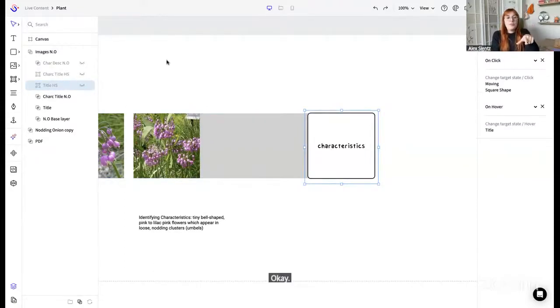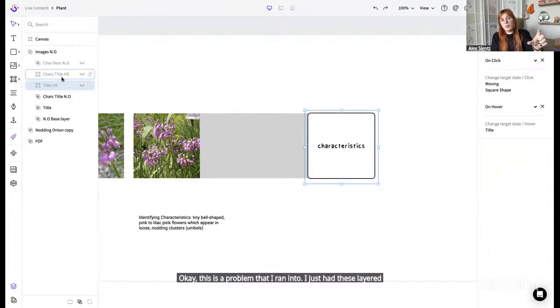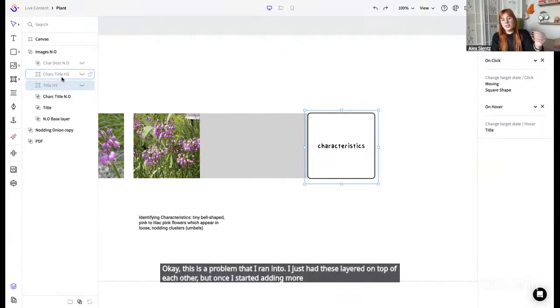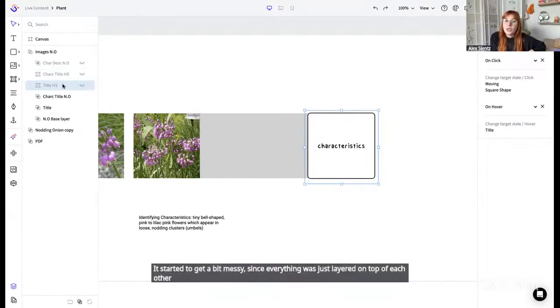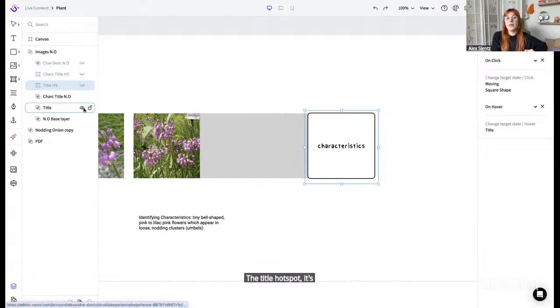Okay, this is a problem that I ran into. I just had these layered on top of each other, but once I started adding more hotspots and interactions, it started to get a bit messy since everything was just layered on top of each other. So I'm actually going to go back and do that as soon as I click on the title hotspot, it's going to hide the title and hide the title hotspot.